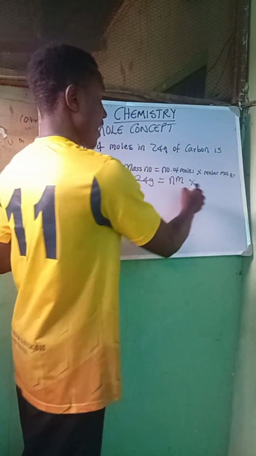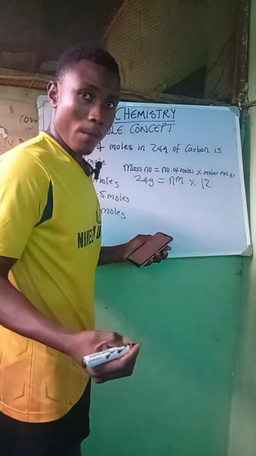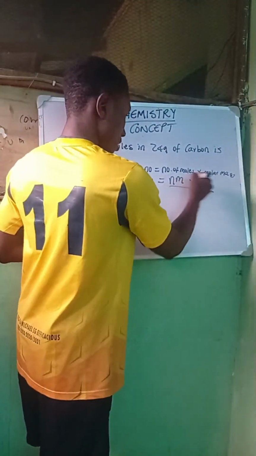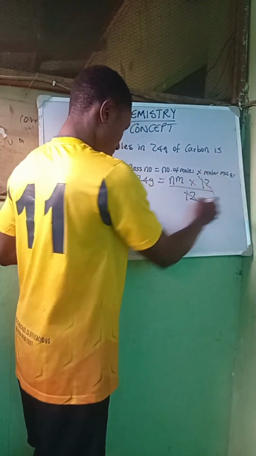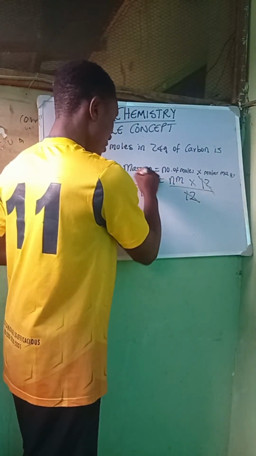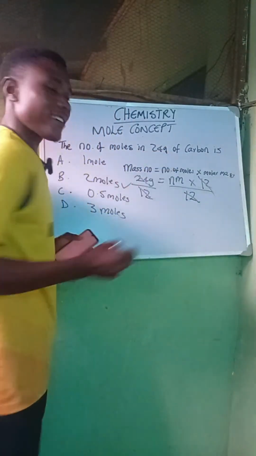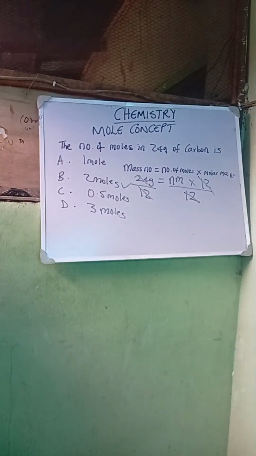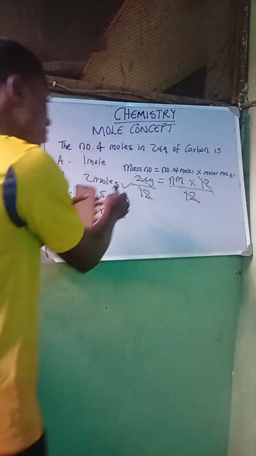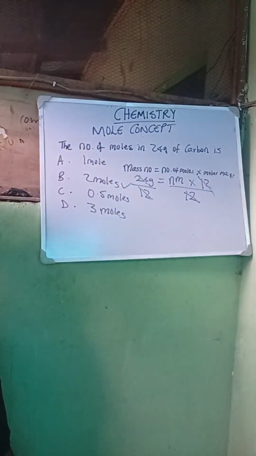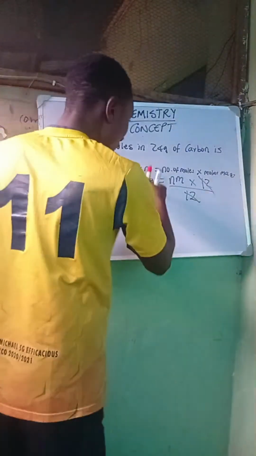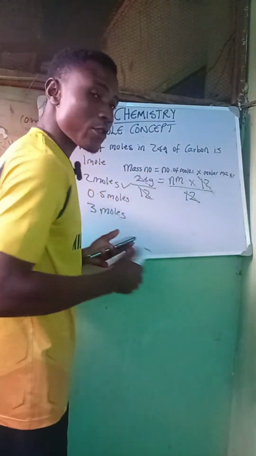The molar mass of carbon is 12. Divide both sides by the coefficient 24. The answer is 2. That is just how it is. There's nothing much. You just have to substitute the values. You understand? Using your formula, just substitute the value, and that is how you get it.